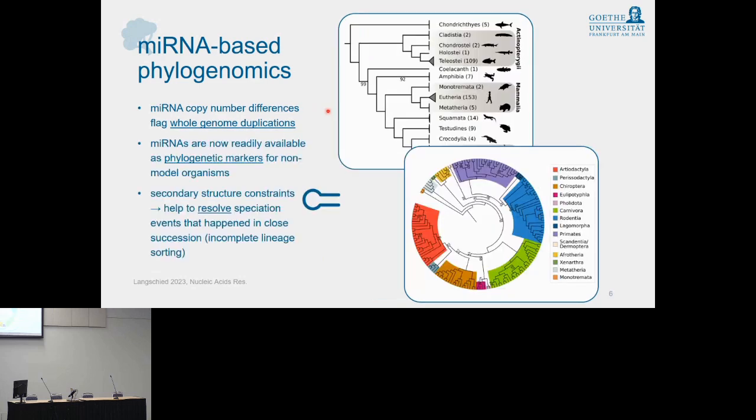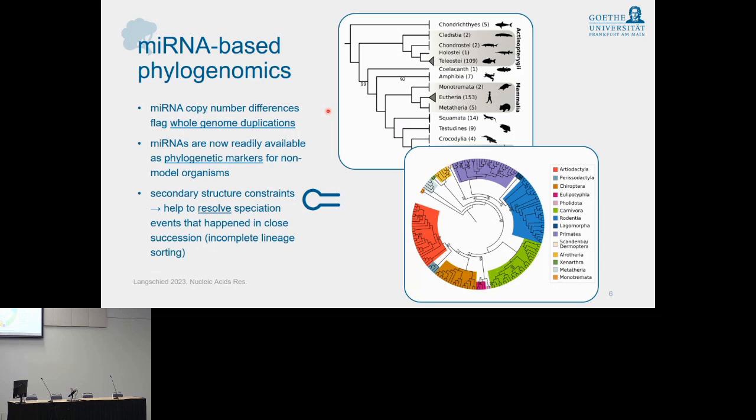Next, we now have the possibility to use pre-microRNA sequences as a phylogenetic marker for tree reconstruction. We're not the first ones to use pre-microRNAs as phylogenetic markers, but now we have the possibility to use them in basically any taxon set, and we're not restricted to these smaller collections anymore.